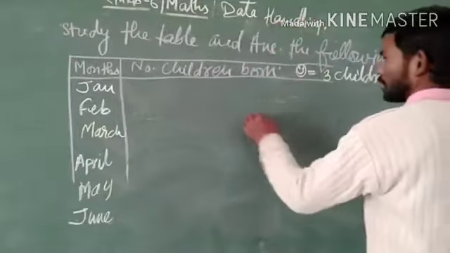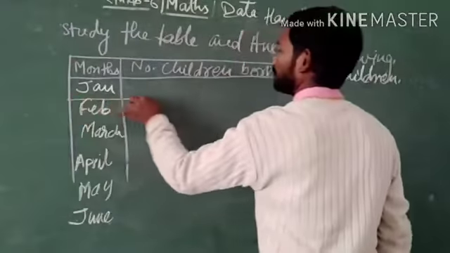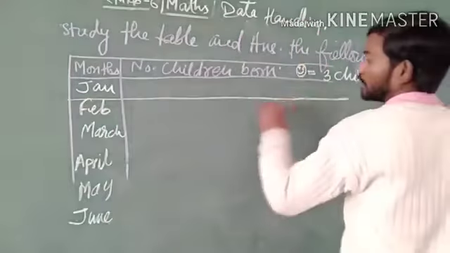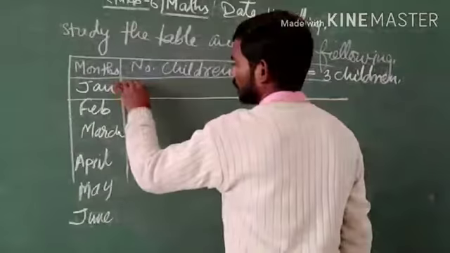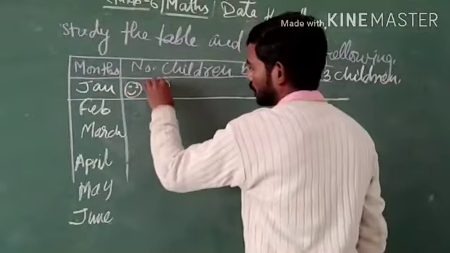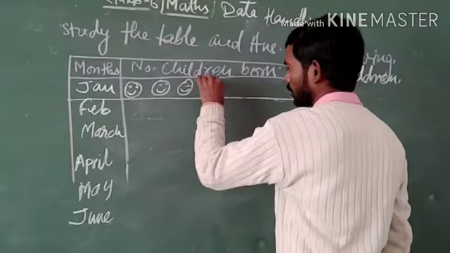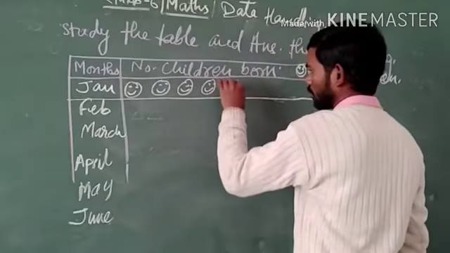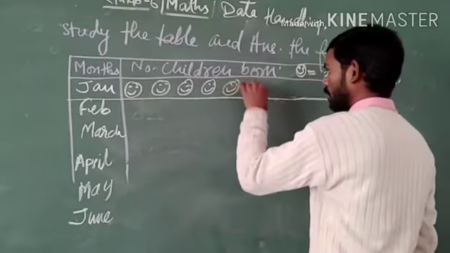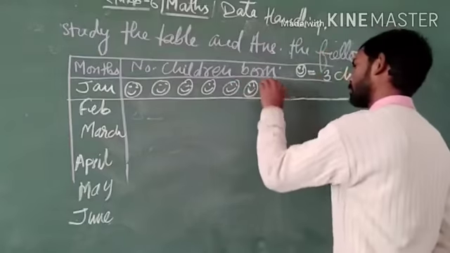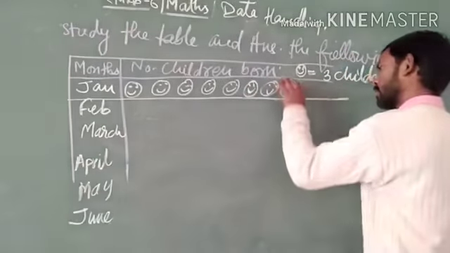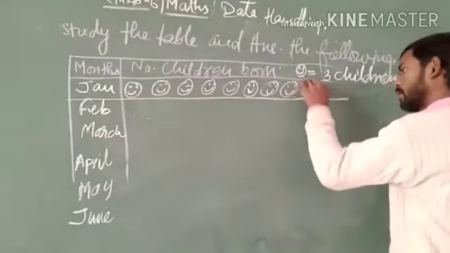And here the number of smileys is 1, 2, 3, 4, 5, 6, 7, 8, and 9.